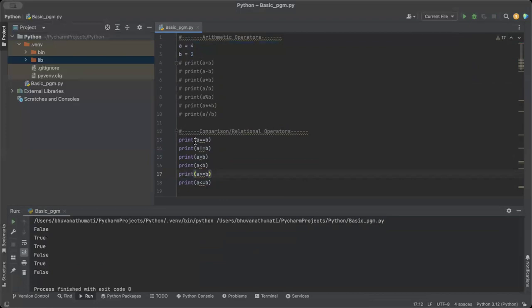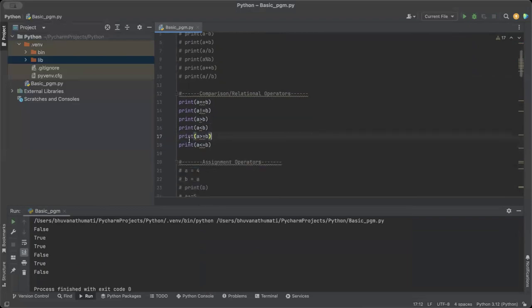Here 4 is equals to 2, it is comparing, so that is not true, so it is printing false. A is not equals to B, 4 is not equals to 2, so that is why it is true. It compares like 4 is greater than 2, 4 is less than 2, 4 is greater than or equals to 2, and 4 is less than or equals to 2. So let's comment this.